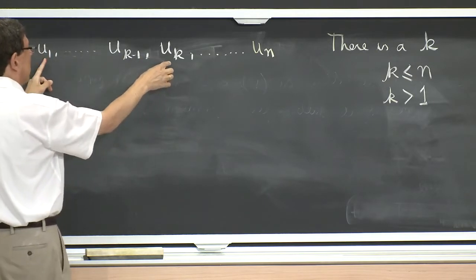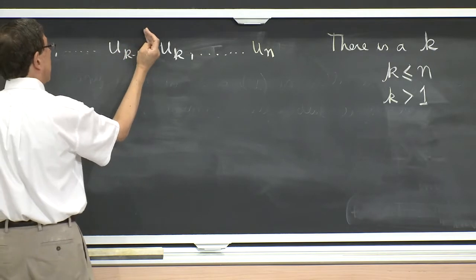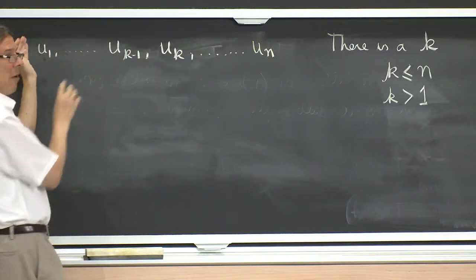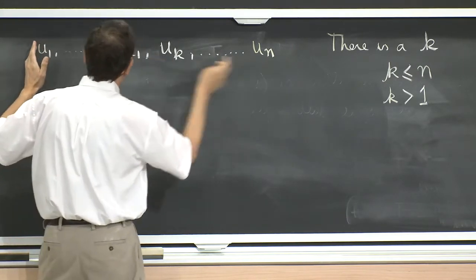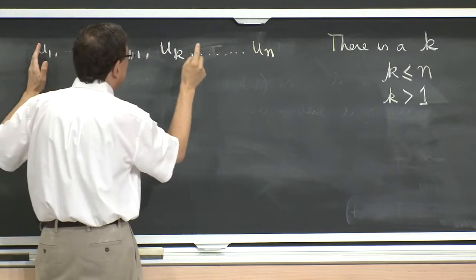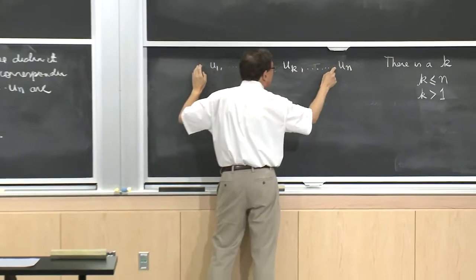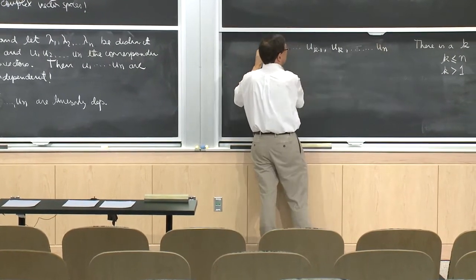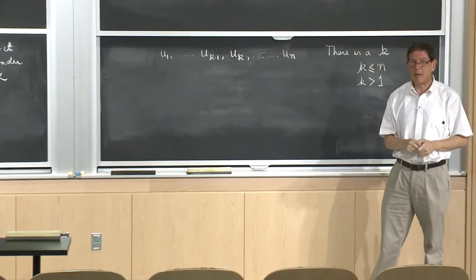At some point, it has to happen that the next vector can be written as a combination of the previous ones. At some moment, it will fail. It may fail at the last step. They may all be linearly independent up to then, but since we're assuming they're not, the last one may be expressible in terms of the previous ones, because somehow this list has to fail to be linearly independent.